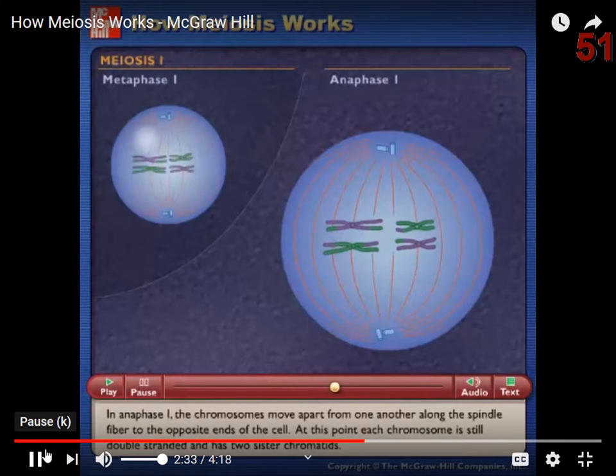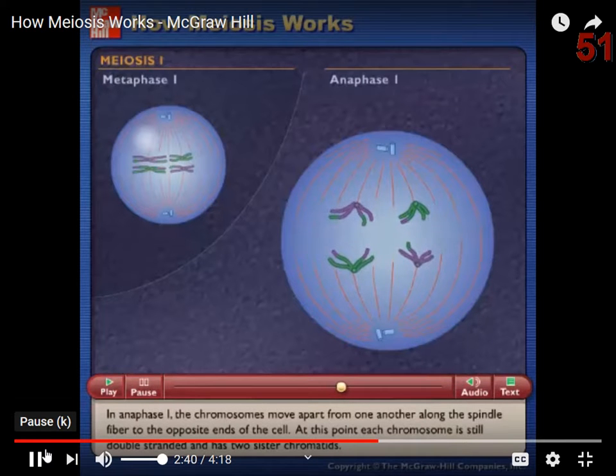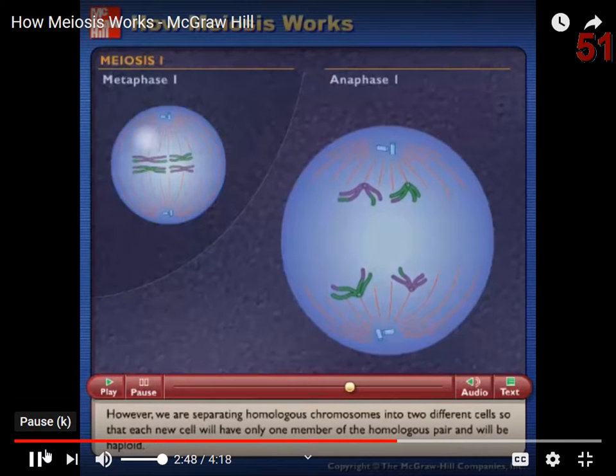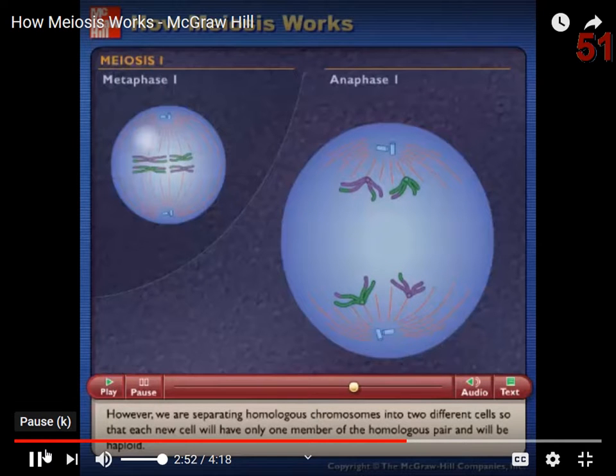In anaphase 1, the chromosomes move apart from one another along the spindle fiber to the opposite ends of the cell. At this point, each chromosome is still double-stranded and has 2 sister chromatids. However, we are separating homologous chromosomes into 2 different cells, so that each new cell will have only one member of the homologous pair and will be haploid.